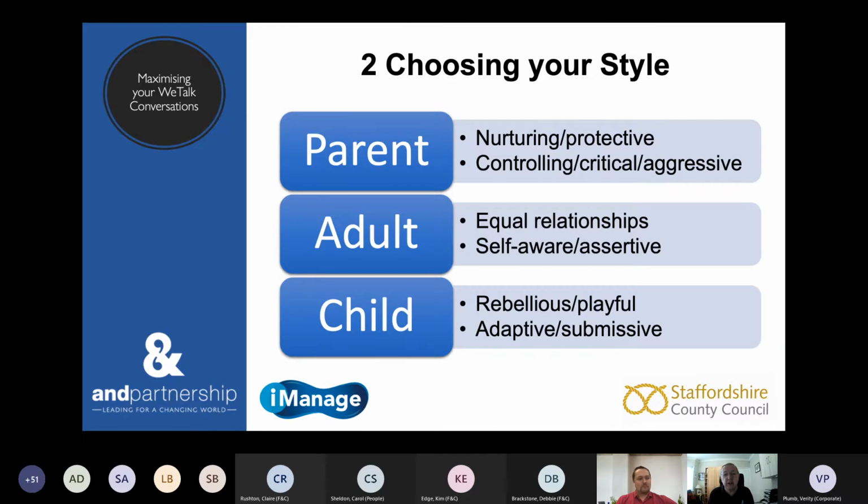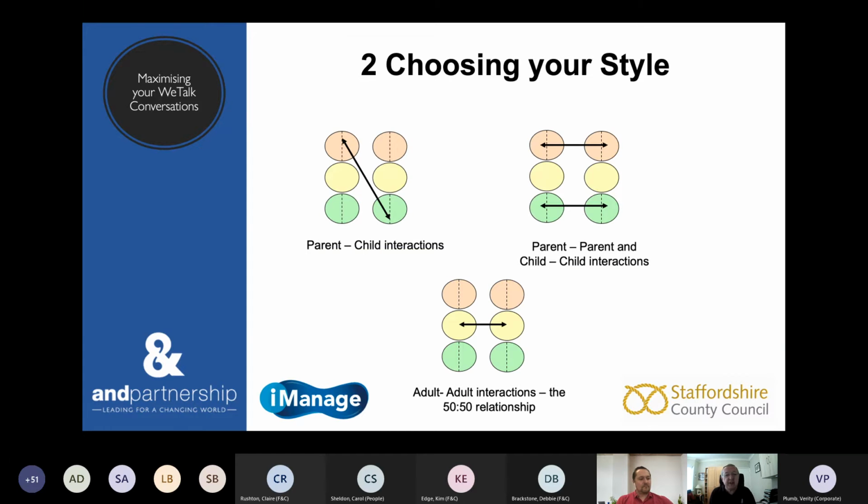And what each of them looks like is this: when it's a parent-child interaction on the left, it feels a bit like when you used to go and see a teacher or a headmaster, or you'd be spoken to critically by your parent, and it drives you either into quiet submissive behavior, or into rebellious pushback behavior. So it's not as good a style, because you're the one holding the responsibility and they're not taking very much at all.